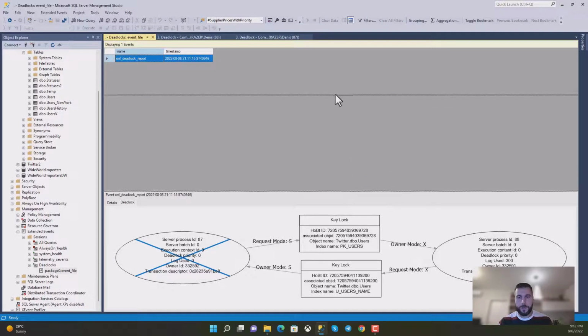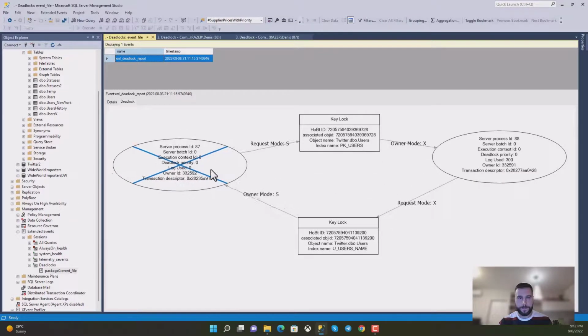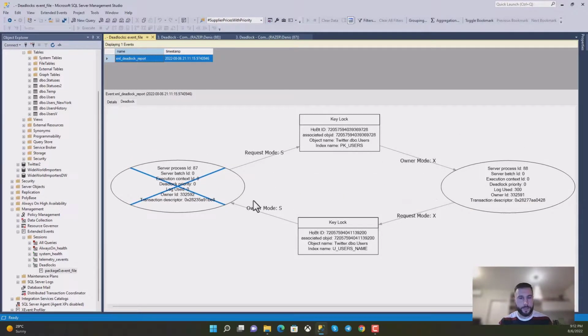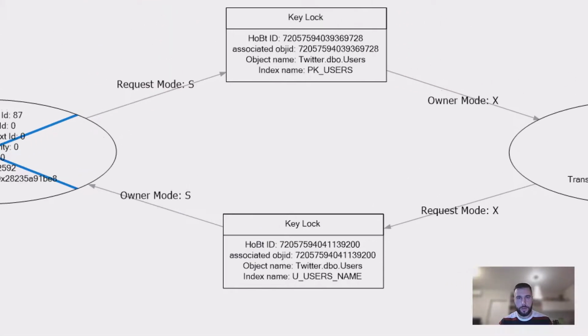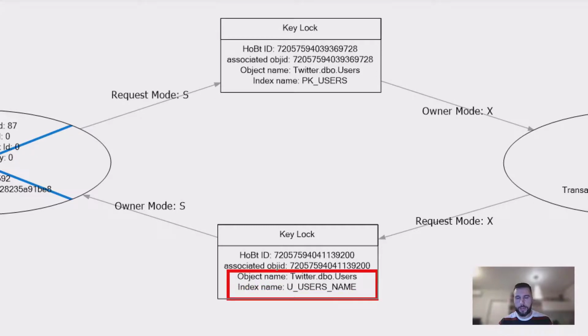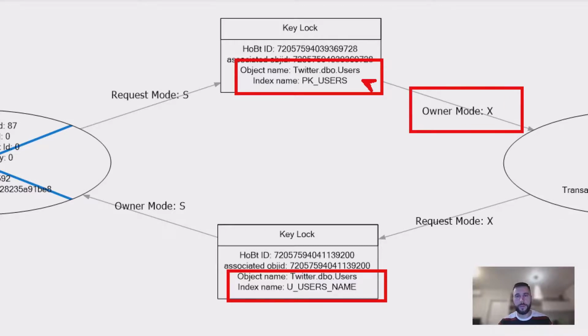From what we see in this picture, the select query is holding the lock on the index by username on the table users, and requesting a shared lock on the primary key on table users, which is the clustered index. At the same time, the update query is holding an exclusive lock on the primary key and requesting an exclusive lock on the non-clustered index.